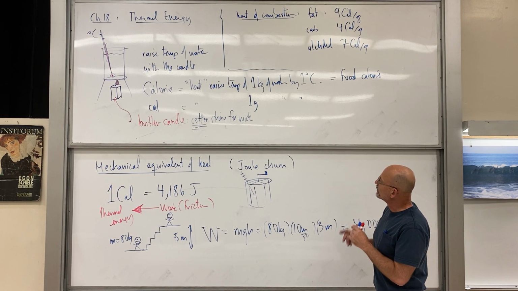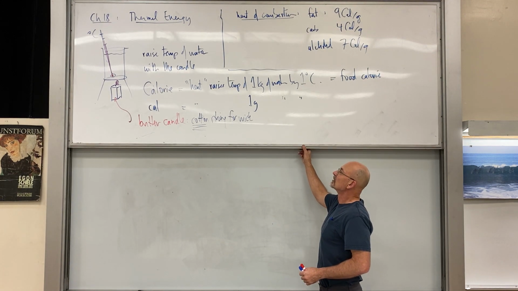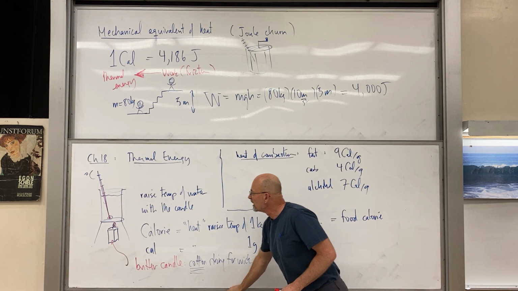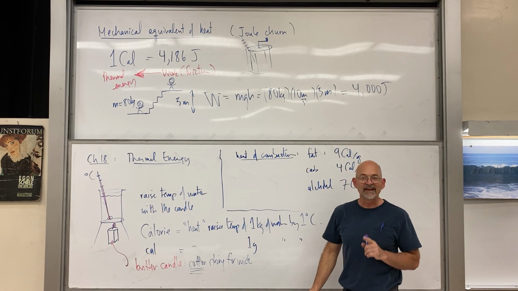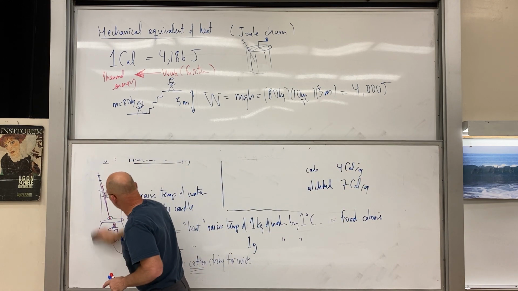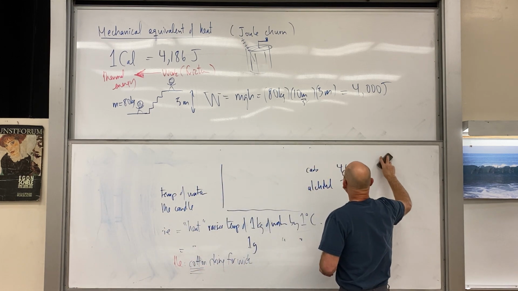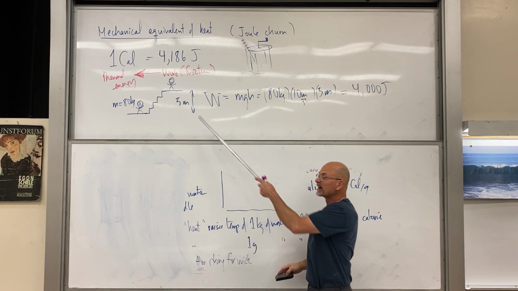So we want to make it to calorimetry. And we need the specific heat capacity. That follows right out of what we've done now. Once we have the mechanical equivalent of heat, we don't have to talk about calories anymore.